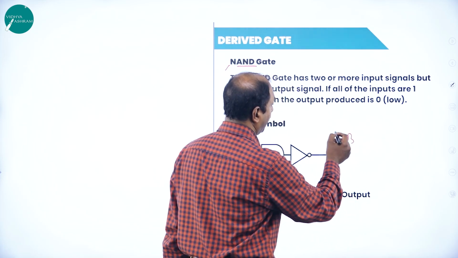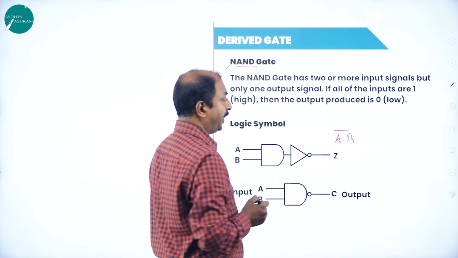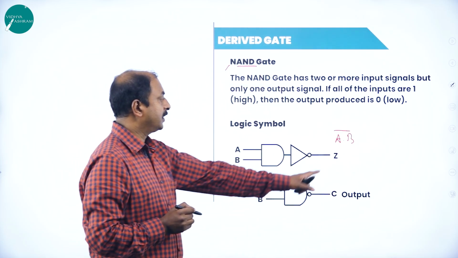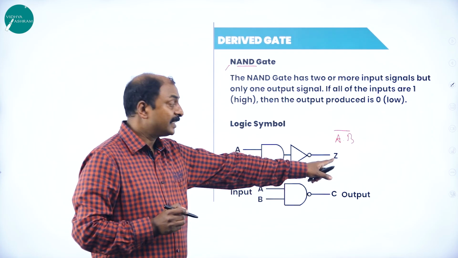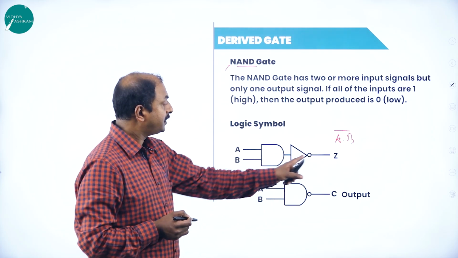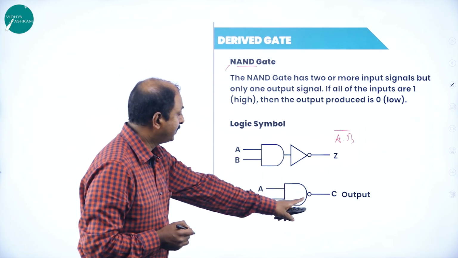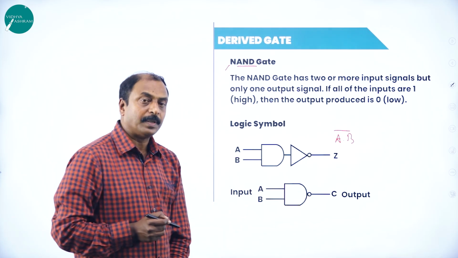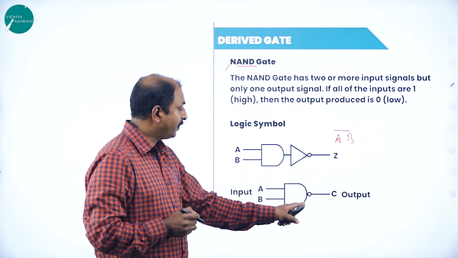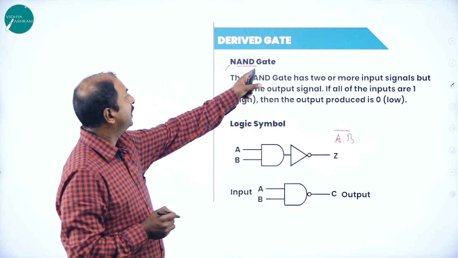This is an AND gate followed by a NOT gate. This is how we represent the output or the result Z. We are replacing this with this symbol. This is how we represent the AND gate, and this small circle, we say bubble. So an AND gate with the bubble is your NAND gate.